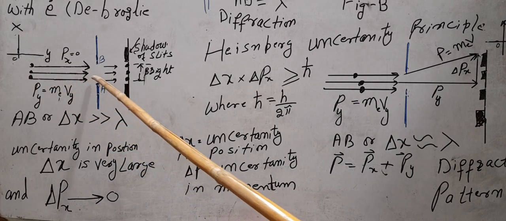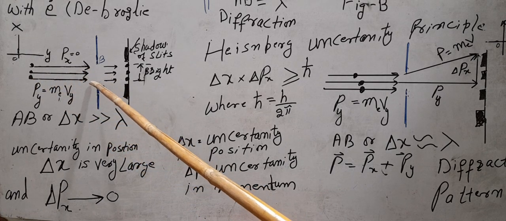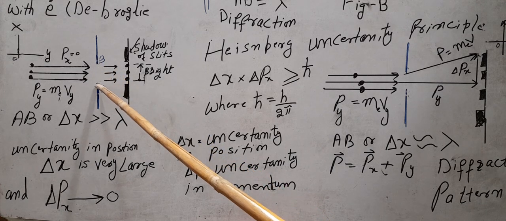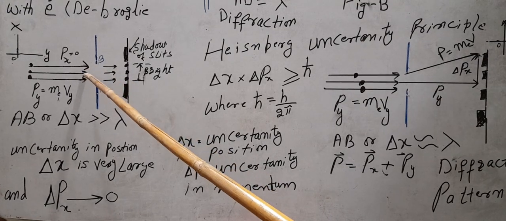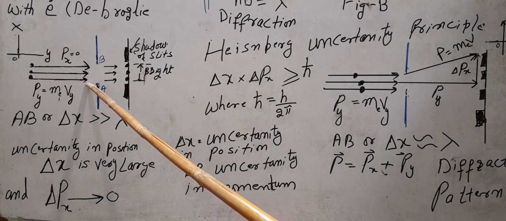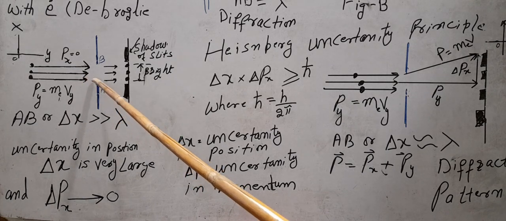Therefore, if we consider a single electron, it can be anywhere between A and B, because the wave spreads. The wave spreads, therefore this electron can be anywhere in between.